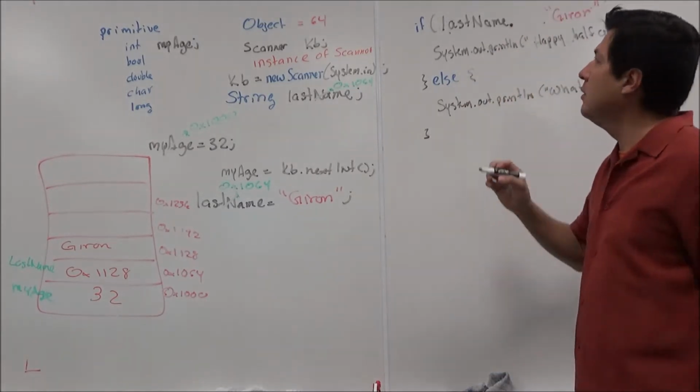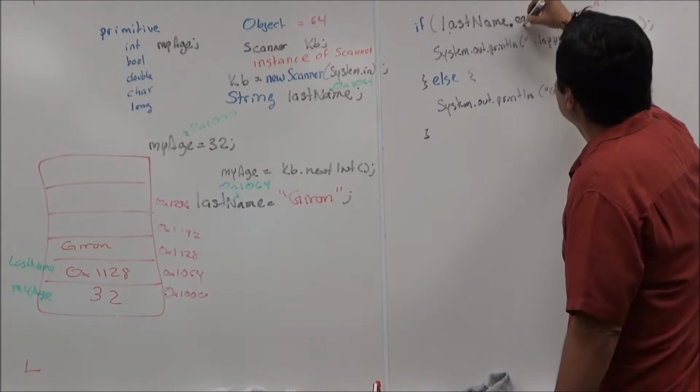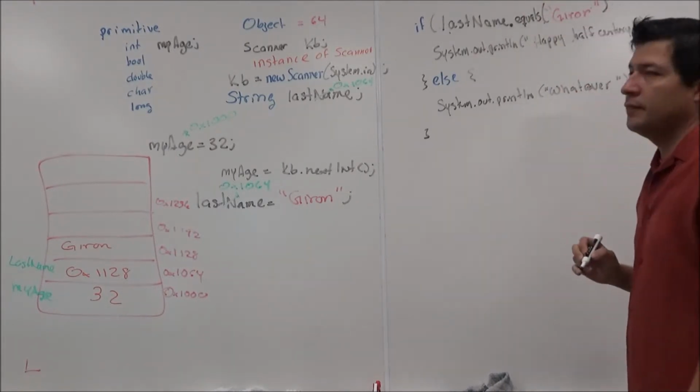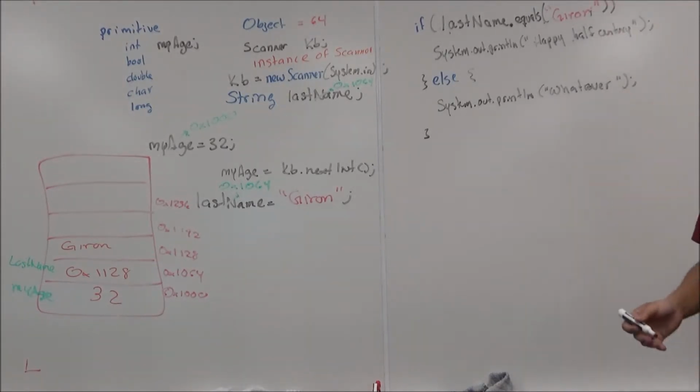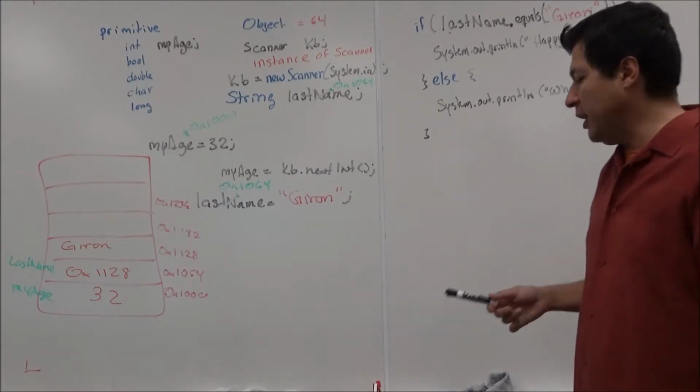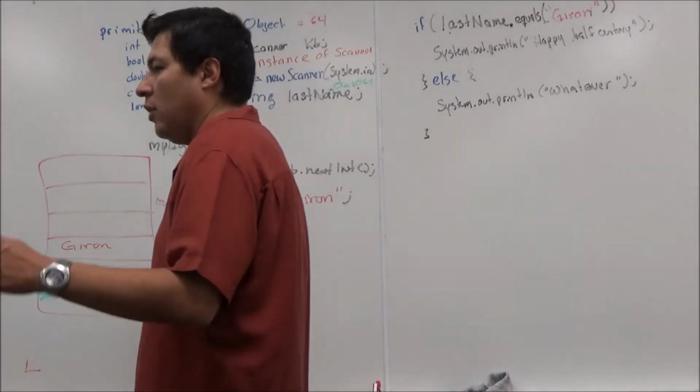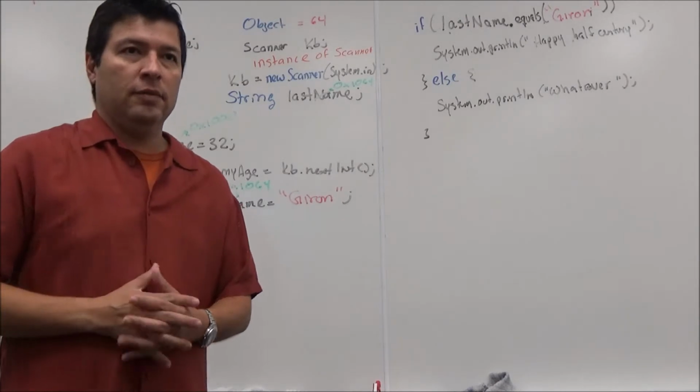You press that, you have this method called equals. And now this will return true. So when you compare objects, you're going to use the equals method.